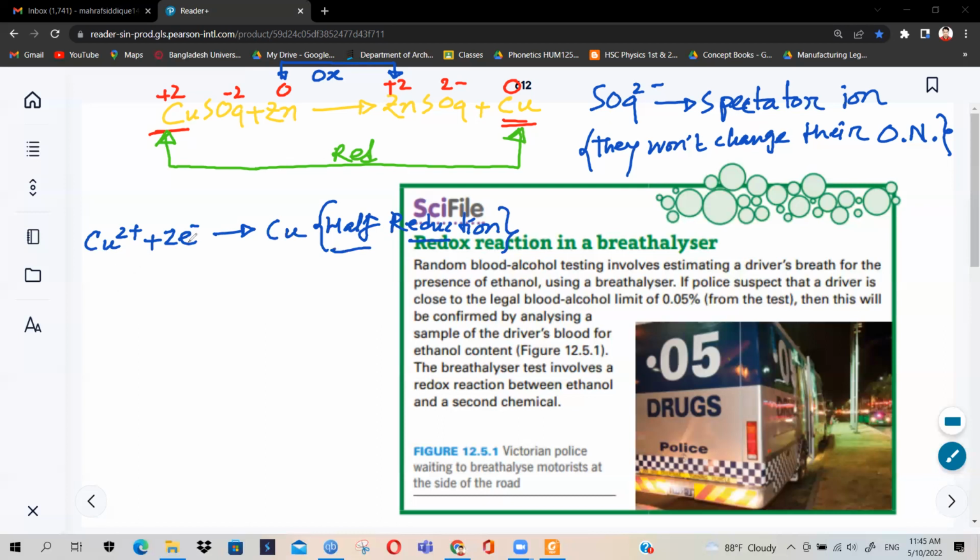Now zinc has donated 2 electrons to form zinc 2+. So this is the easiest way to write down any oxidation or reduction reaction. I don't know what your book has shown you or how they have explained, but I would say this is the easiest way.